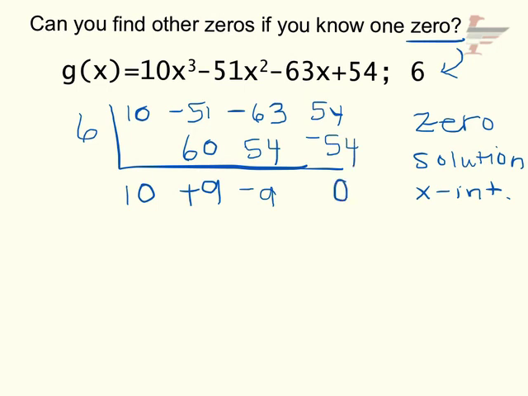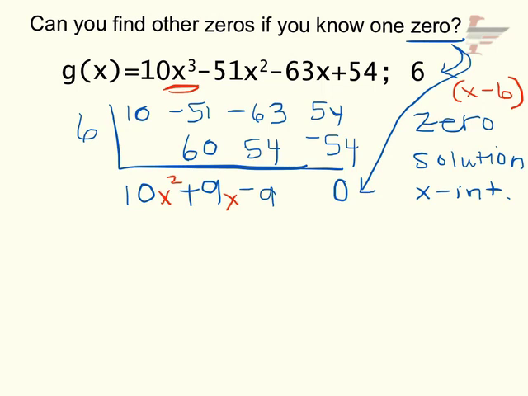And I get a 0 remainder, again, which is good because if this is a 0, then I shouldn't be getting any sort of remainder, so double check yourself there. Again, I went from a cubic dividing by something that's linear, because remind yourself that the 6 solution also has a factor of x minus 6, so I'm technically dividing by a nice linear. So that means I went from cubic to quadratic.